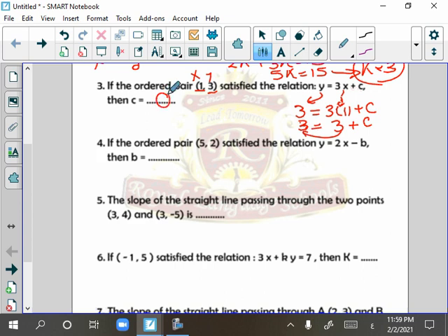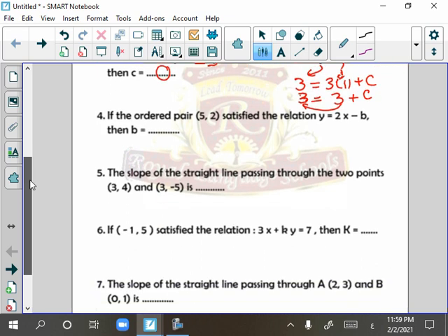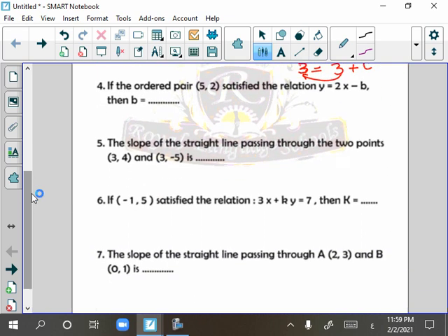Number 4, if the ordered pair 5 and 2 satisfies the relation y equal 2x minus b, the first coordinate is called x and the second coordinate is called y.